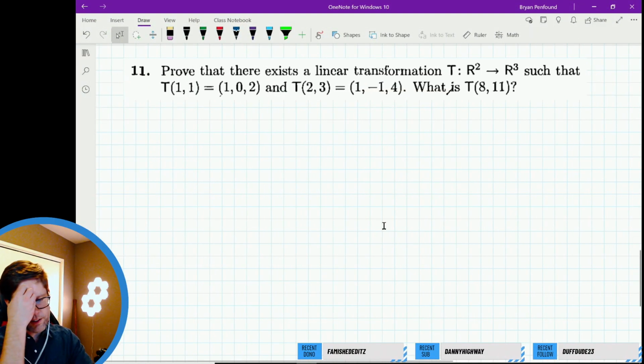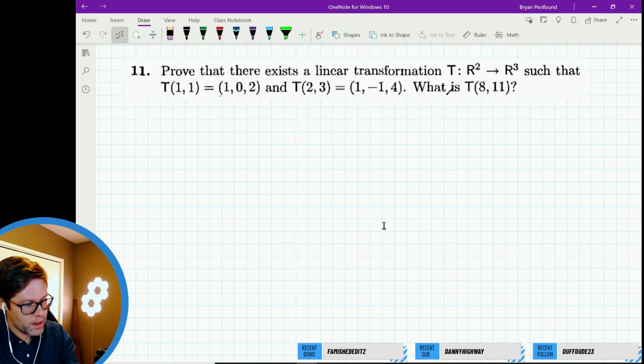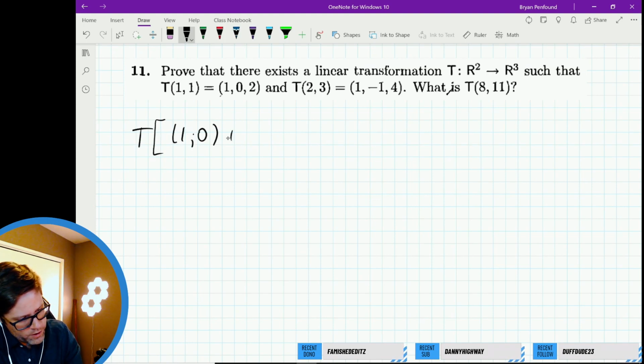Prove that there exists a linear transformation. So we're going from 2 space into 3 space. What I kind of want to think about is something like this: I want to say that (1, 1) is this standard unit basis vector plus this standard basis vector.